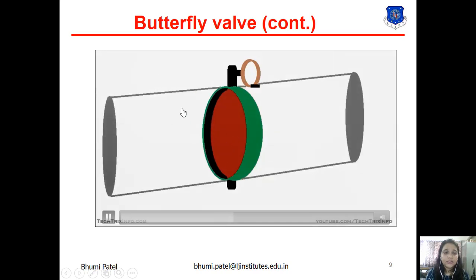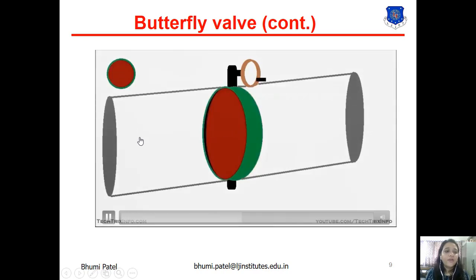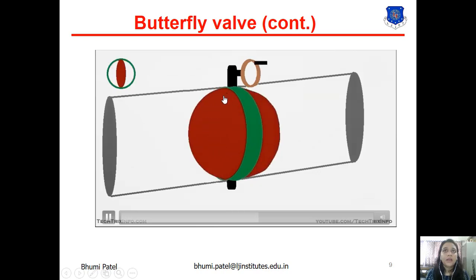So this is a butterfly valve connected to the pipe or the system. Whenever the operator controls this device, the butterfly valve rotates with a quarter turn motion, and the input flow passes through the butterfly valve and goes to the output side.